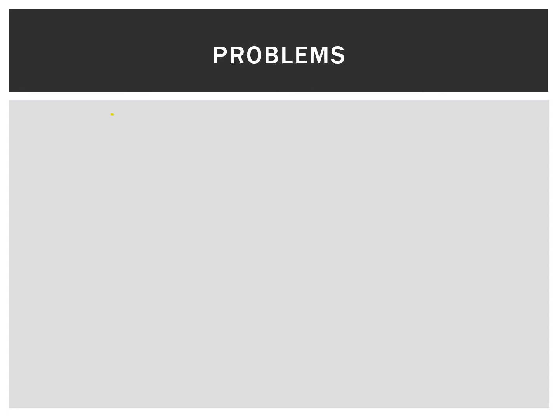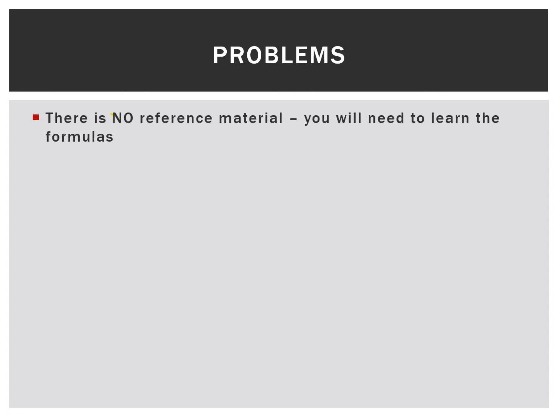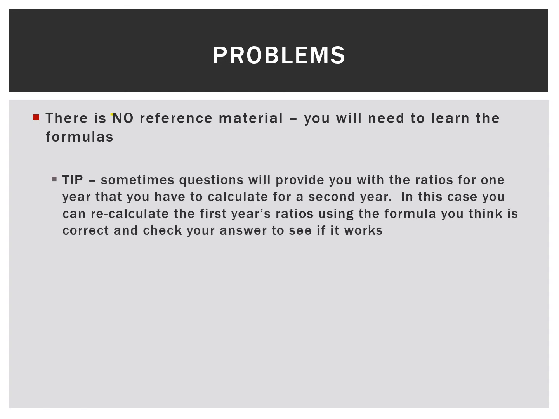There are a few problems with the ratios though, and that's the main one. There is no reference material whatsoever, so you'll need to try and remember the correct formulas. There are various things that can help with that, and in particular you need to watch out for this.